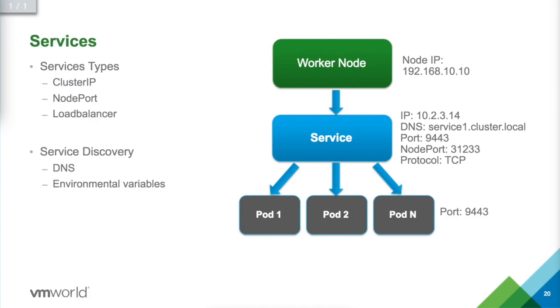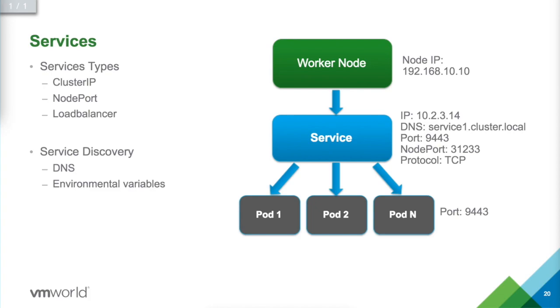What Kubernetes will do is allocate a dynamic TCP or UDP port between 30,000 and 30,767, and to access the service, you have to use the worker node IP address appended with the dynamic TCP or UDP port. Of course, the worker node IP address needs to be routed in the enterprise network for this to work.